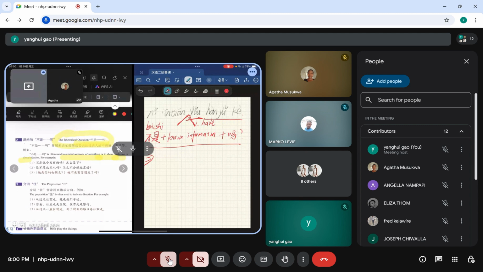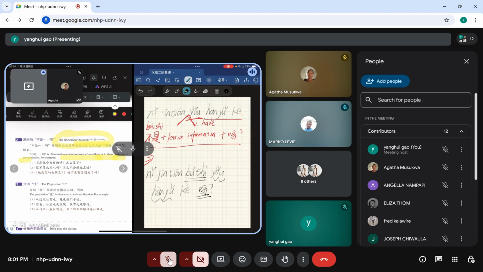So we say 你今天不是有汉语课吗? The known information is 有汉语课, have the Chinese class, and we add 吗.